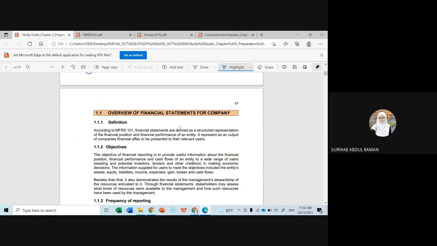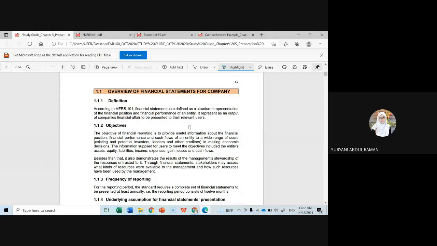Okay, now let us look at the overview of the financial statements for a company. The first thing you need to know is the definition, of course. So we are referring to the MFRS. The standard defines financial statements as a structured representation of the financial position and financial performance of an entity. What you need to know is the objective of preparing the financial statements.